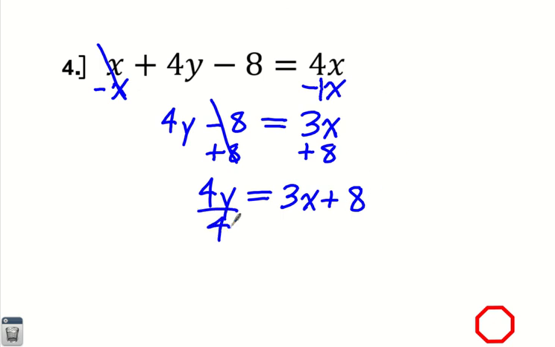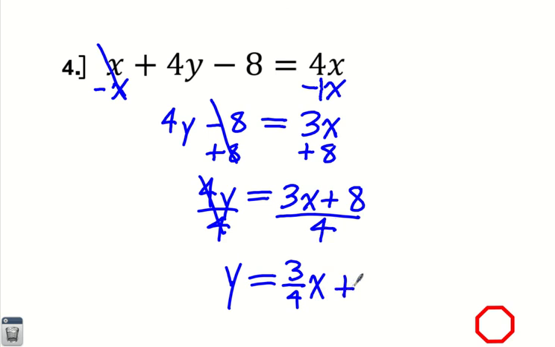And then finally, we divide by 4. And can you do 3x over 4 cleanly? No. Can that fraction reduce? No. So it's just 3 over 4x. And then you got to do the 8 divided by 4 also, which is clean, plus 2.